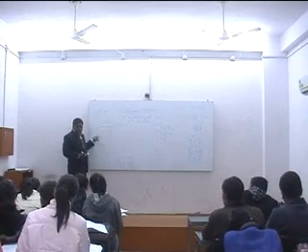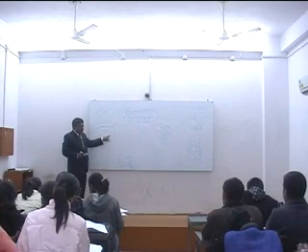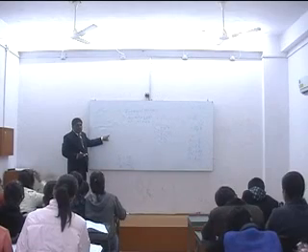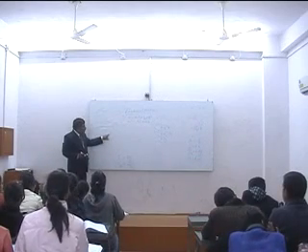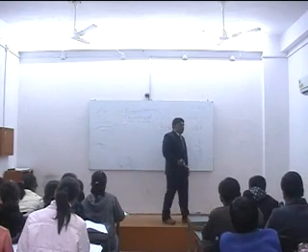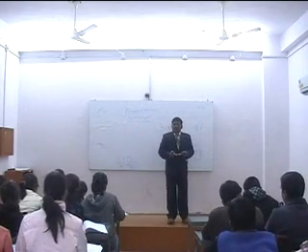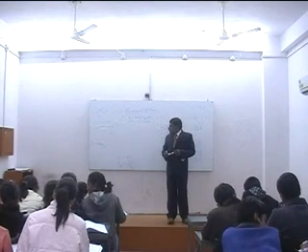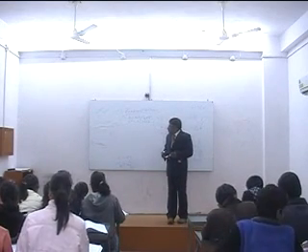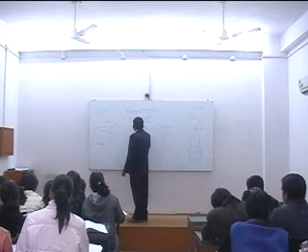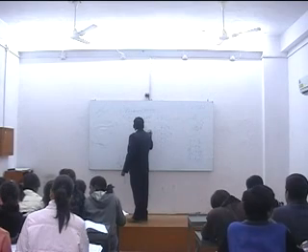It is also revolving with the same angular speed as the table. So what is the question? What is the acceleration of this particle after 5 seconds? Alpha is given to you as 2 radian per second square.